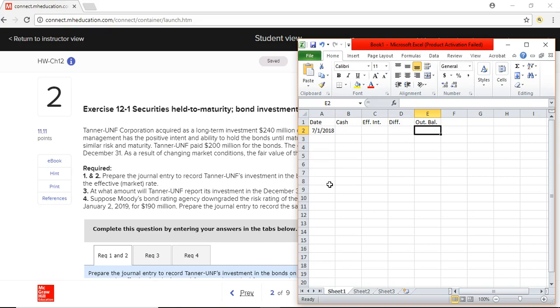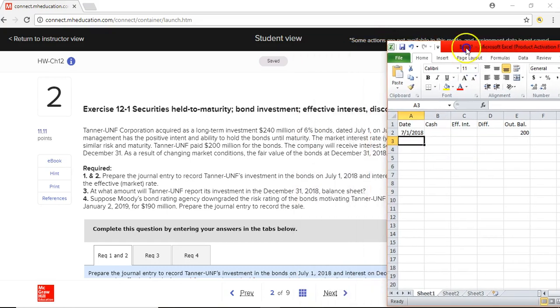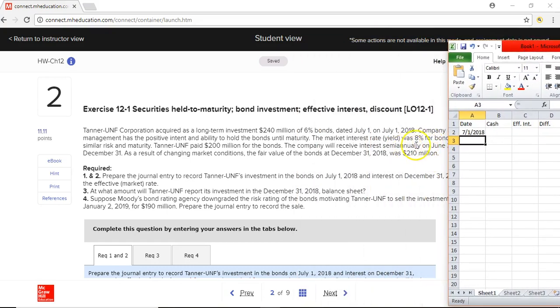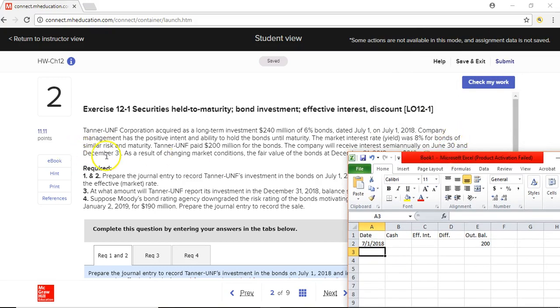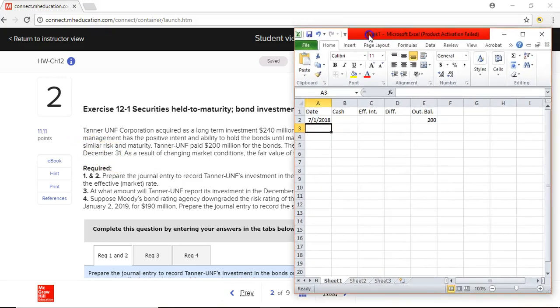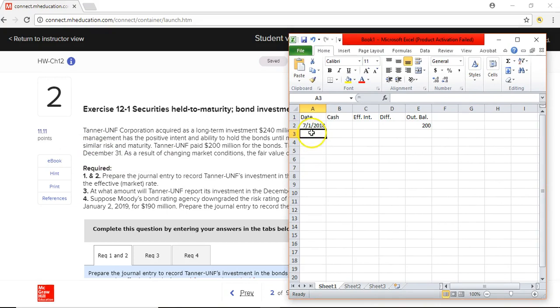Outstanding balance is the amount they paid for the bonds. So $200 million. Interest will be paid on June 30th and December 31st. So the next payment day after July 1st will be December 31st, 2018.